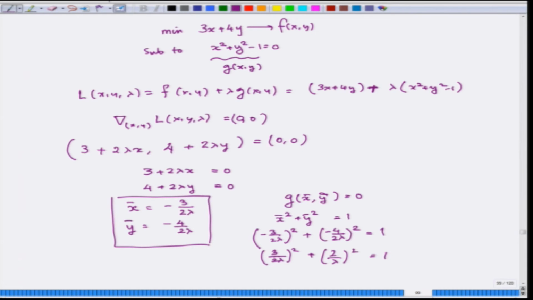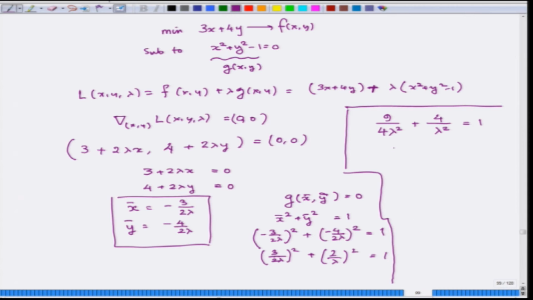So, if I calculate this out further, it will be 9 by 4 lambda square plus 4 by lambda square equal to 1.